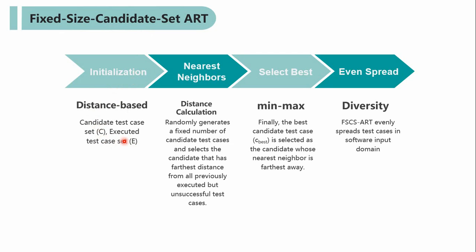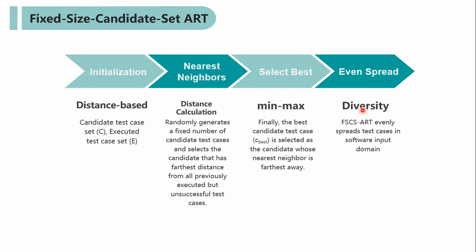Both are empty in the beginning, and after that we randomly generate a specific number of test cases in the candidate test case set, and then we calculate their distances with the previously executed test case sets, and then we select a candidate test case whose nearest neighbor is at the farthest distance from the other candidate test cases. So in this way it uses a min max strategy.